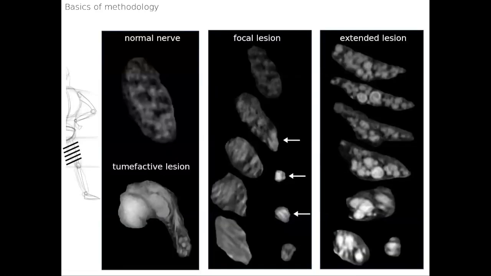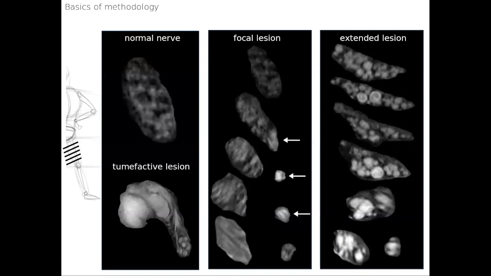So the different nerve aspects or pathological nerve aspects you can have in the T2 sequences. You have this granular polyfascicular pattern in the normal nerve. You can have tumefactive lesions.